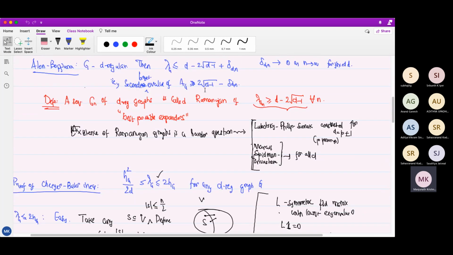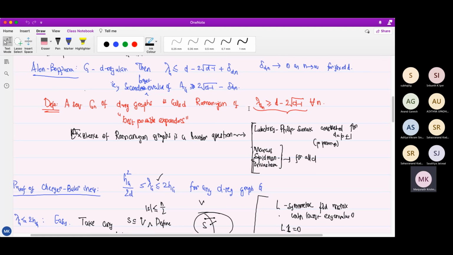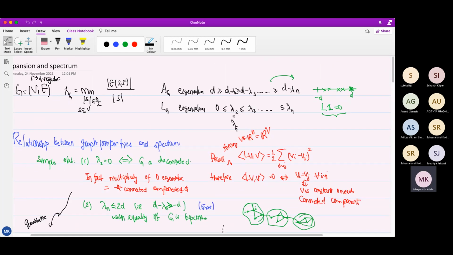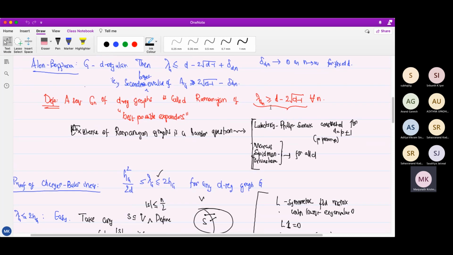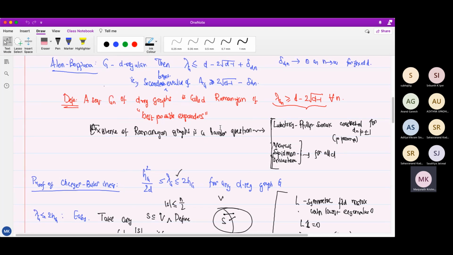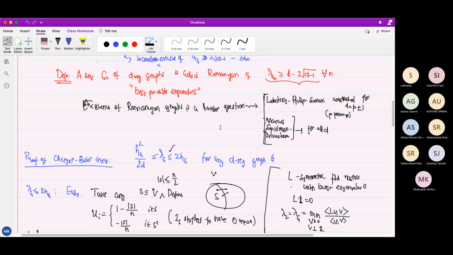The largest gap is achieved by achieving this 2 square root of d minus 1, and those graphs are called Ramanujan graphs. If you can find a sequence of graphs where lambda_{G_n}, and for me lambda is referring to the Laplacian, achieves this much gap, d minus 2 square root of d minus 1, then that is called Ramanujan graphs, and that is a much harder problem which we won't discuss.